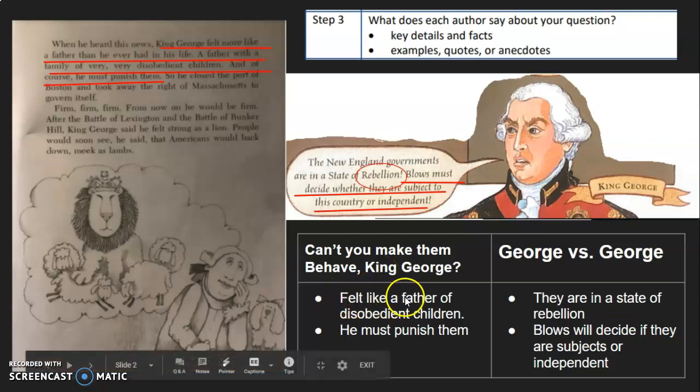King George says he felt like a father of disobedient children and he must punish them. And in George versus George, he says that the states are in a state of rebellion and Bellows will decide if they are subject or independent. All right, I have what the authors say about my question.